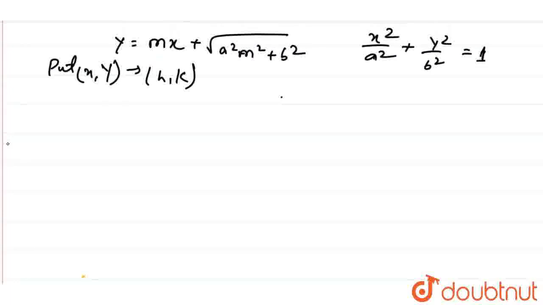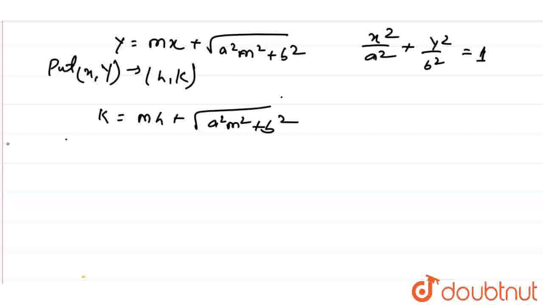Now after putting the values, the equation becomes k = mh + under root a square m square plus b square. Now solving this equation, k minus mh equals under root a square m square plus b square.